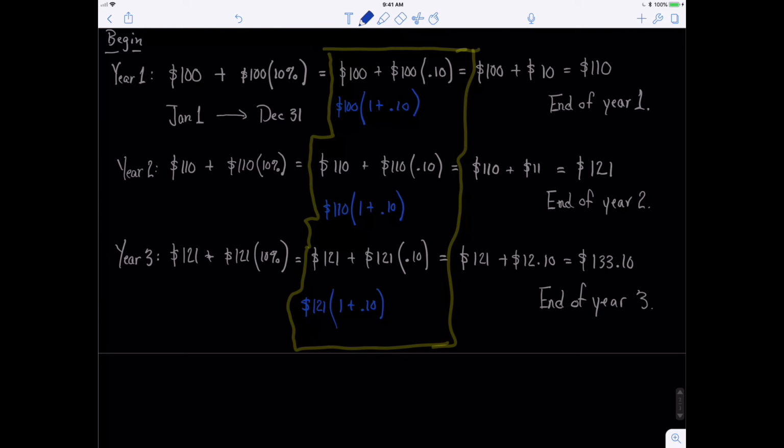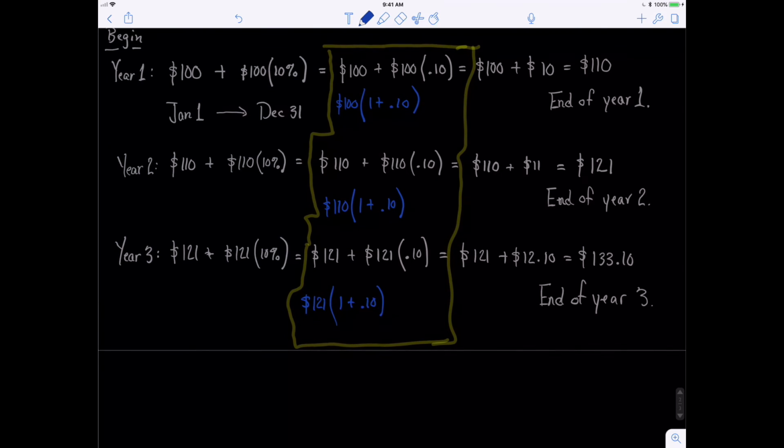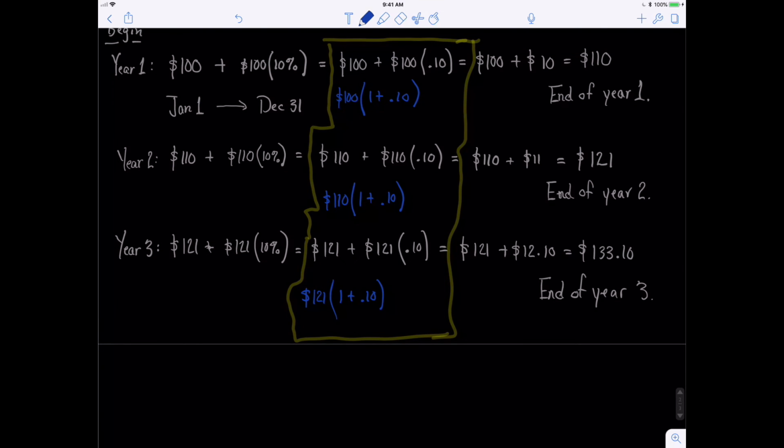So we're going to use this so that we can see the formula for compound interest. So let's start this. Notice that we ended with $133.10. And I'm not going to write the dollar sign because we know this. It's just the numbers that we're looking for. Well, that equaled 121 times 1 plus 0.10. But wait a minute.